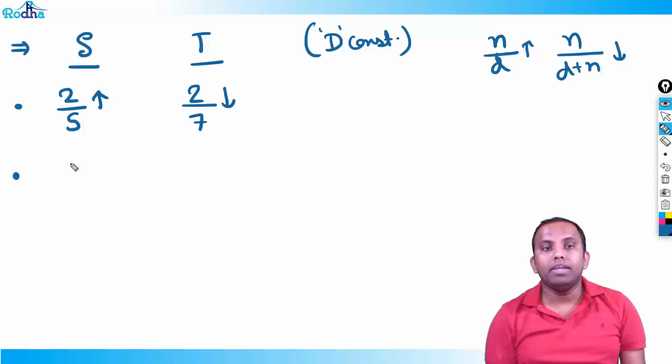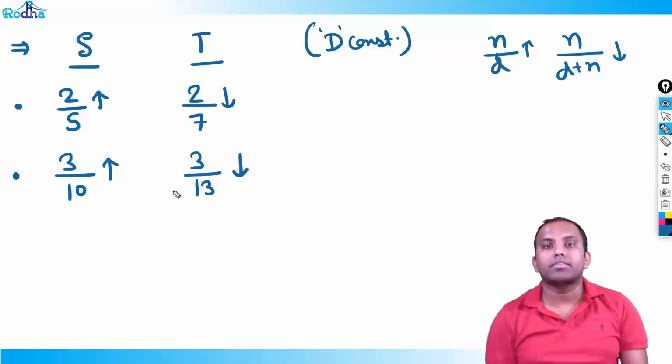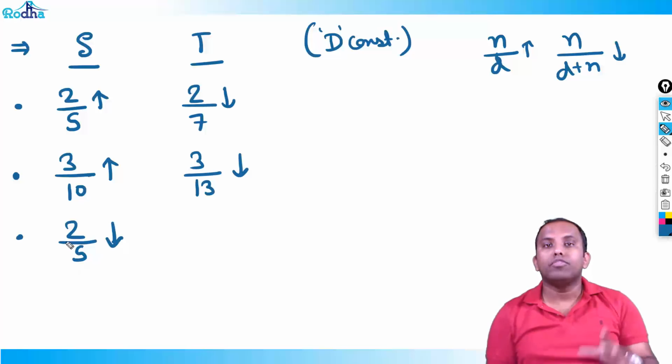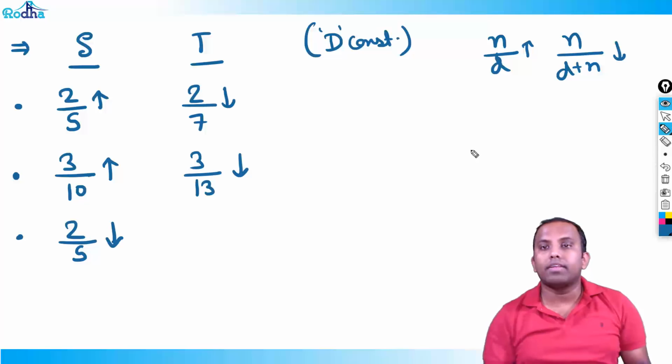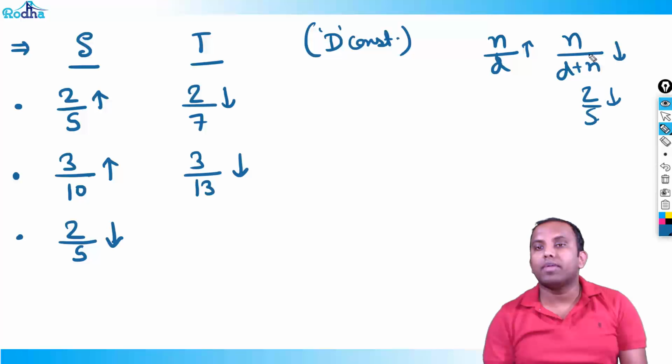Okay. If speed increases by 3 by 10, that is 30%, how much will time decrease? Simply 3 by 10 plus 3. Simply add it, 10 plus 3 is 13, so 3 by 13 decrease, right? If speed decreases by 2 by 5, the time will increase now. So d plus n is 5 and n is 2.